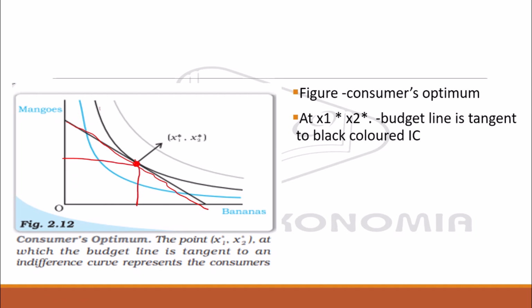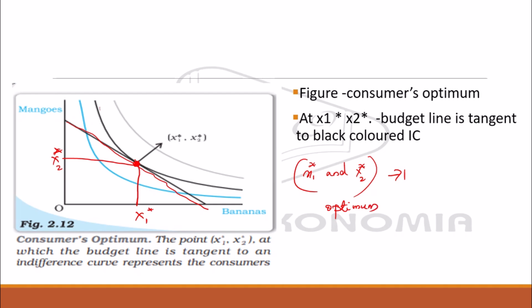With respect to the commodity measured along the x-axis, the consumer is consuming x1 star. And regarding the commodity measured along the y-axis, the consumer is consuming x2 star. So his bundle consists of x1 star and x2 star. This is the optimum bundle.